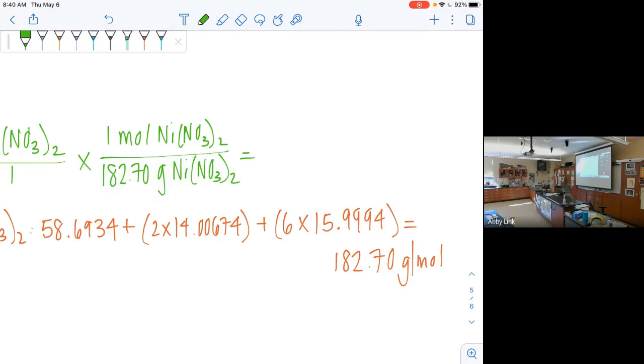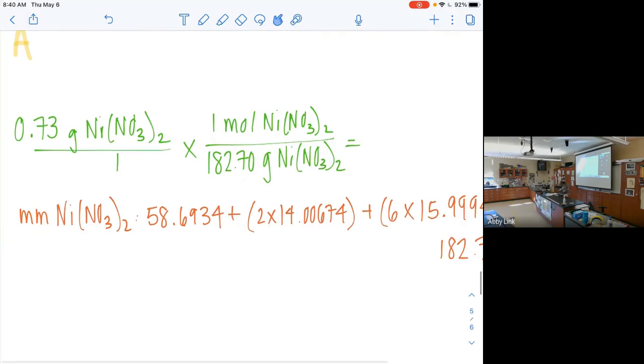I need my calculator. All right, so 0.73 divided by 182.70. Oh boy, we get a tiny number.